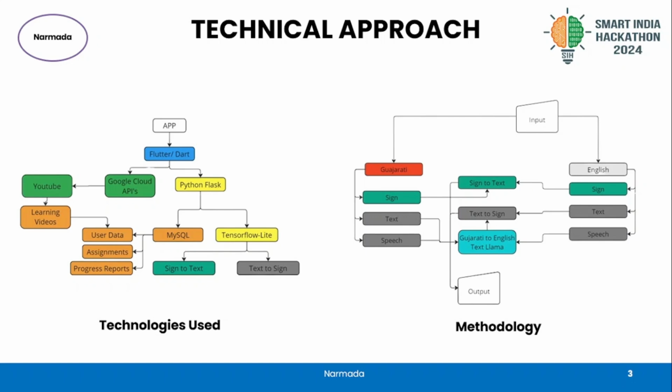We could use other conversion models which convert other languages such as Tamil, Telugu, Malayalam, etc. into English, and that English content could be used in a similar way. So the only thing that would need to be added is a model that converts other languages into English.